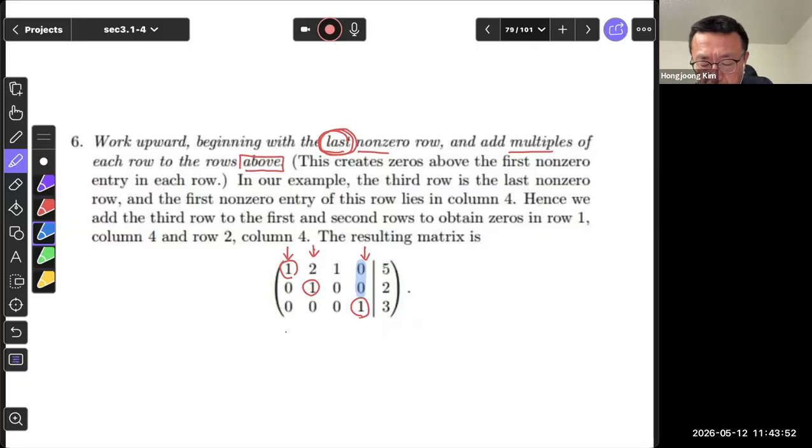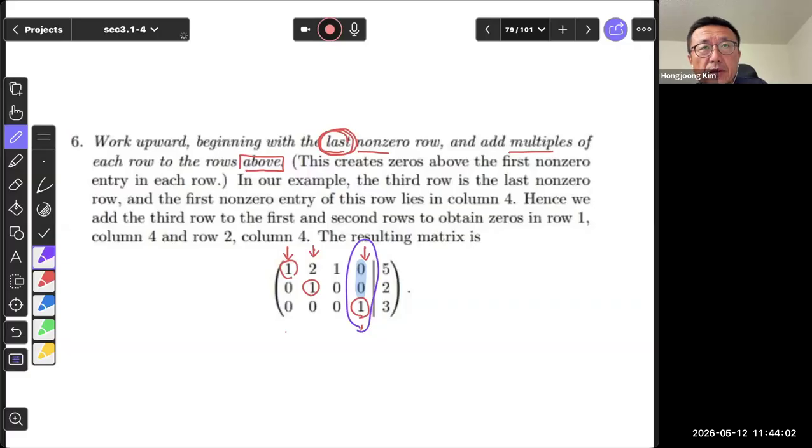So at this point, I considered the third row first. And then you go to the next, the second row, to eliminate the entries above the second pivot to 0.